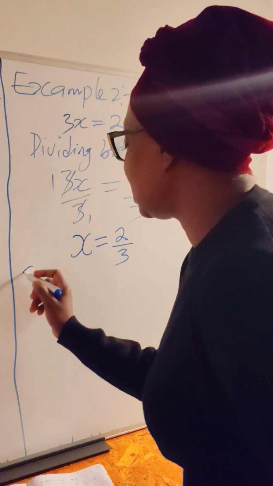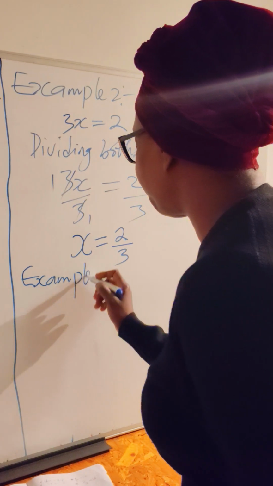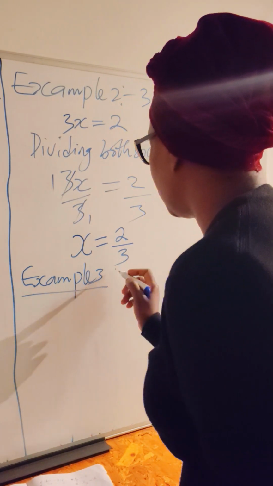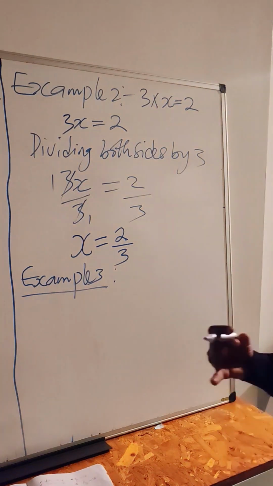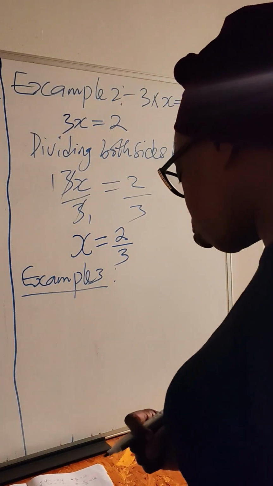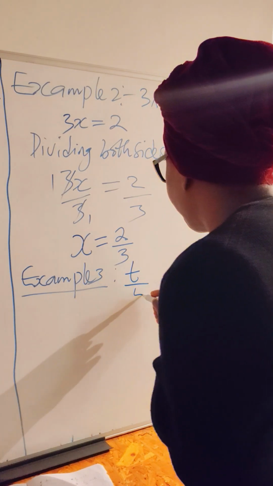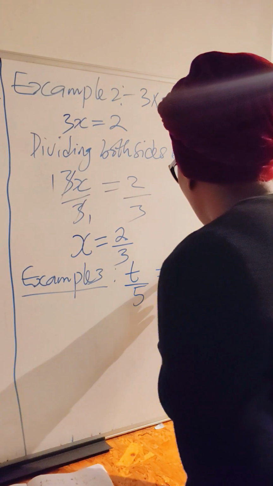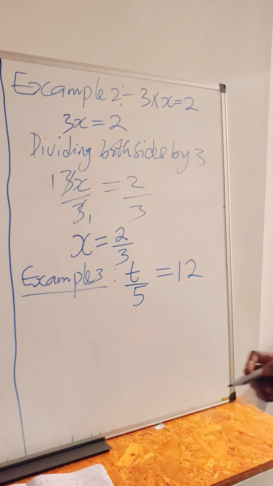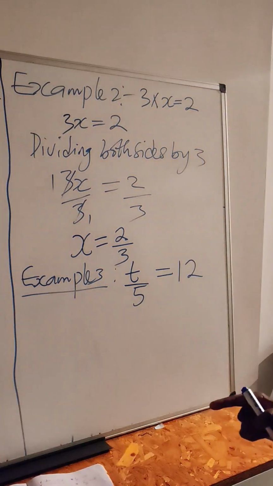The third example will be one that has a divisible relationship with the unknown, which is t divided by 5 equals 12. Viewers, the unknown here is the letter t.